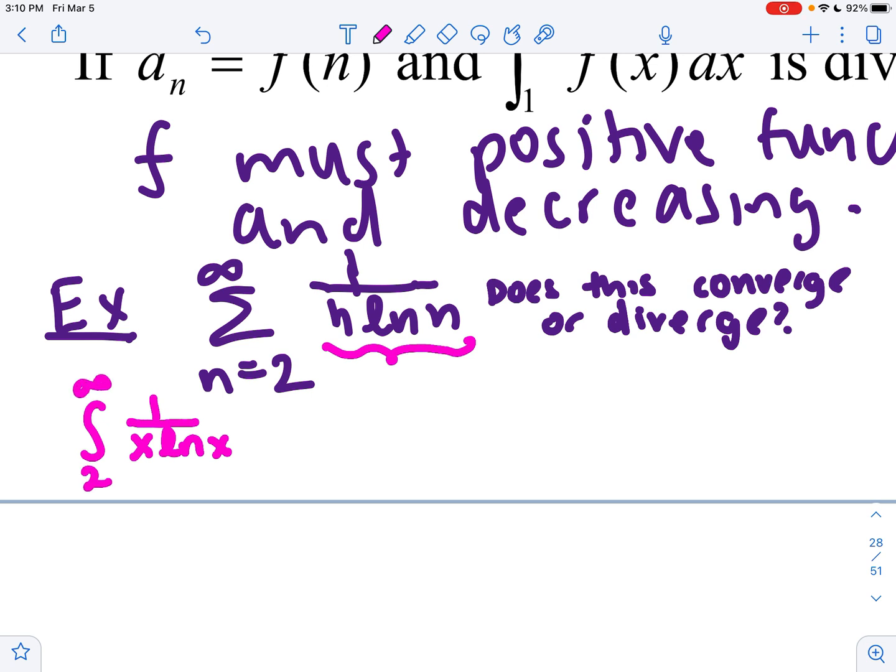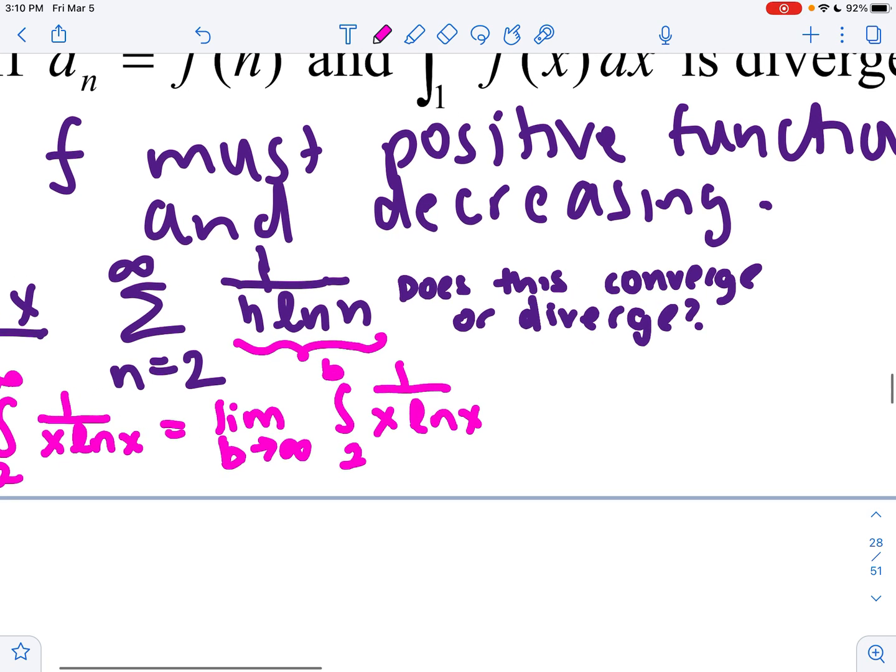I'm converting that series into an integral and then integrating. So this ends up being an improper integral. So I'm going to let b approach infinity. We've got infinite bounds, 2 to b of 1 over x ln of x.